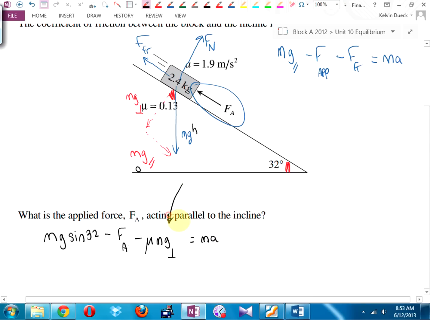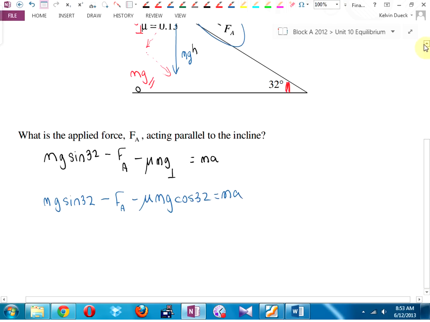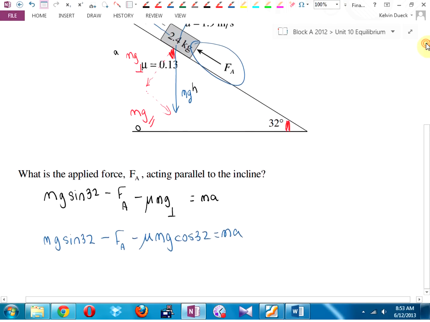mg perpendicular, which trig function is that going to be? Okay, so this is going to become mg sine 32 minus FA minus mu mg cos 32 equals ma. So far, so good. This would be easier if I could keep all this.